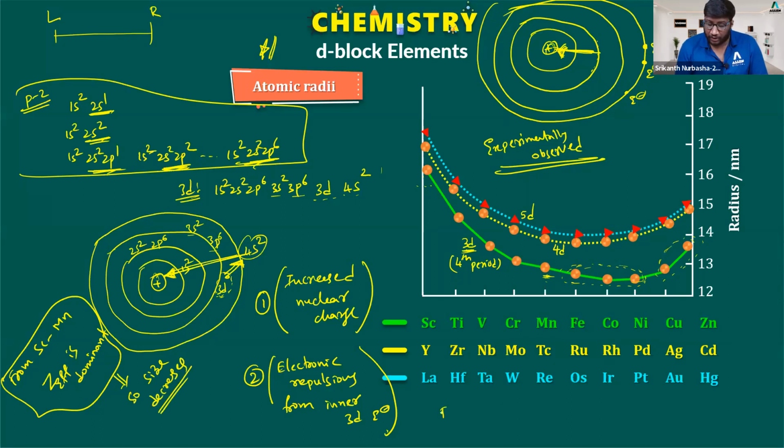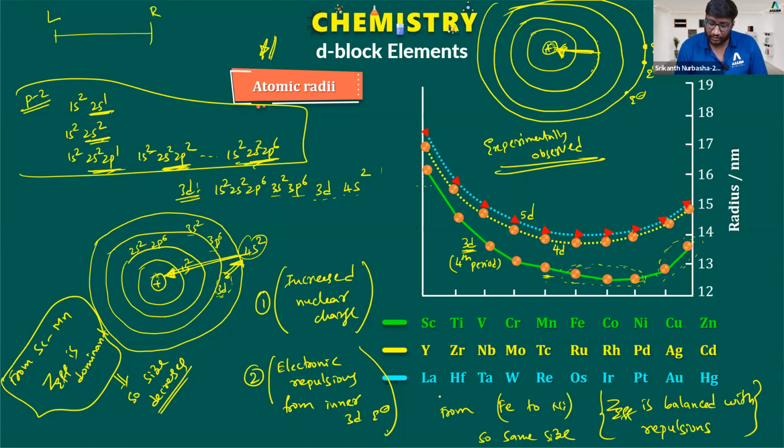Next, from Fe to nickel, Z effective is balanced with repulsions. So same size. Right?